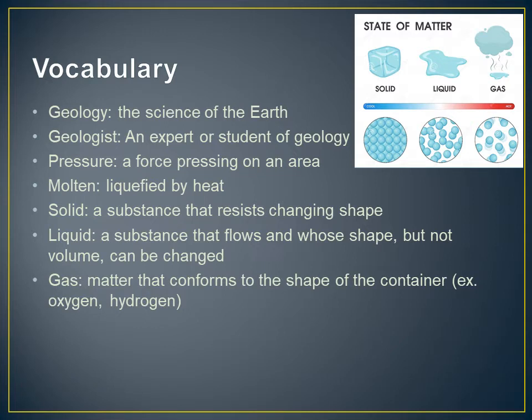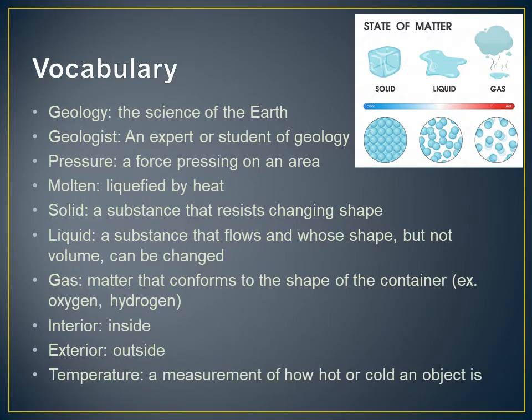Gas, matter that conforms to the shape of the container it's in. An example is oxygen or hydrogen. Interior, okay, remember what I just said, this is inside. Exterior, outside. Again, two terms we'll continue to hear throughout this term.